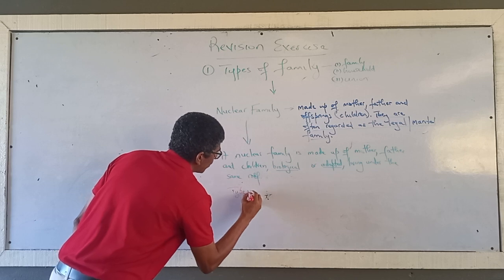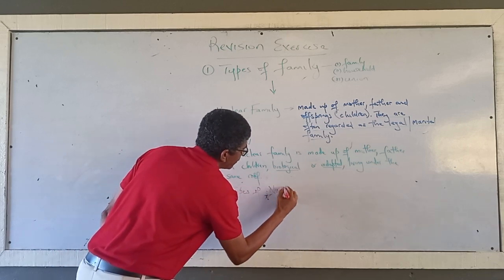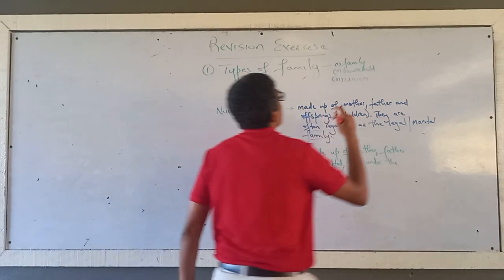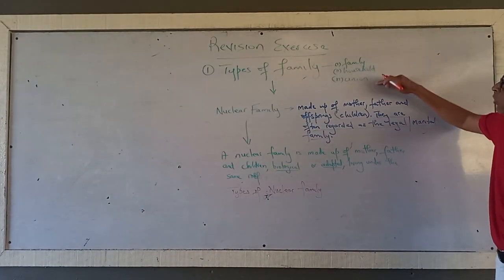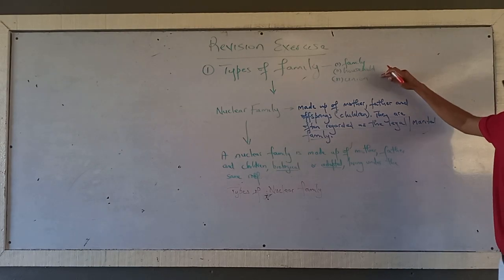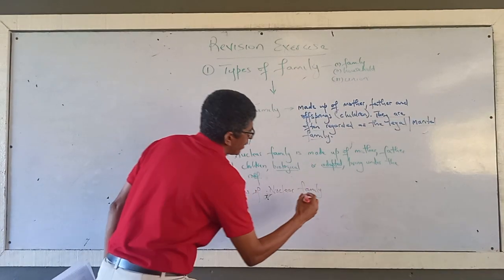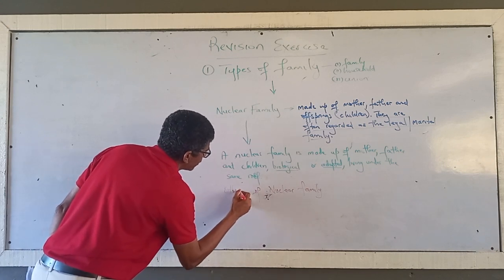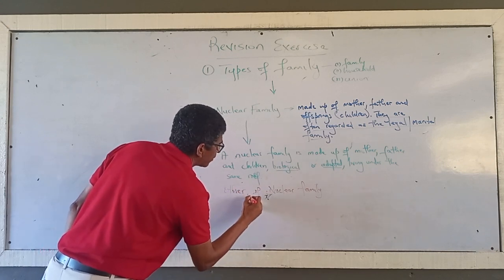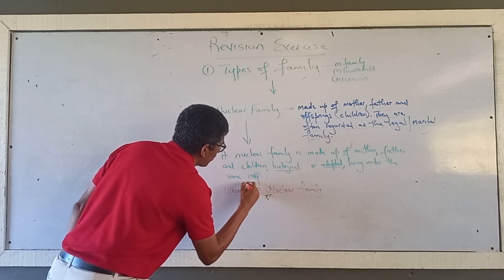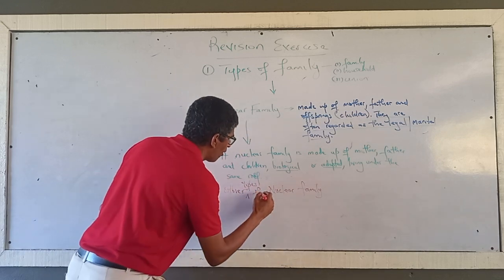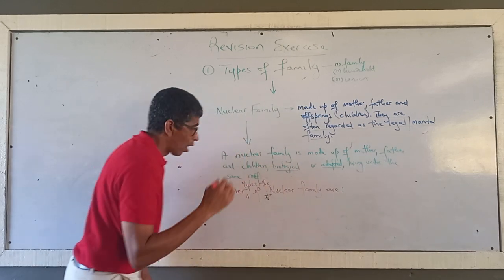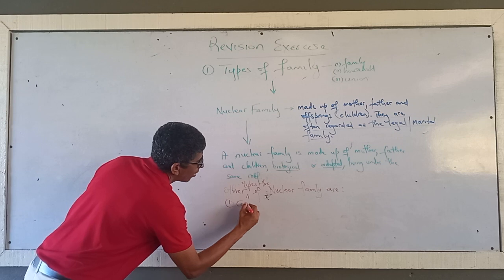Another type of nuclear family, types of nuclear family, and that would fall within this context. You're taking one or two of this. So another type of nuclear family, no, I shouldn't say another type, I should say other types of the nuclear family are: one, you have the common law union.